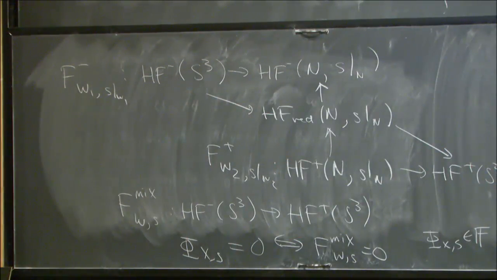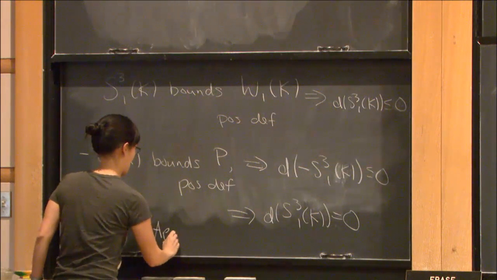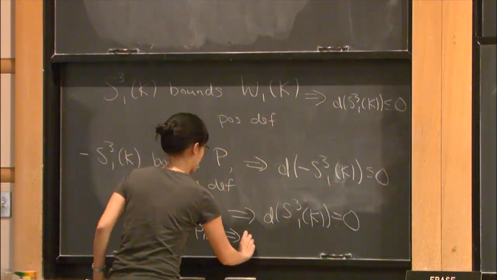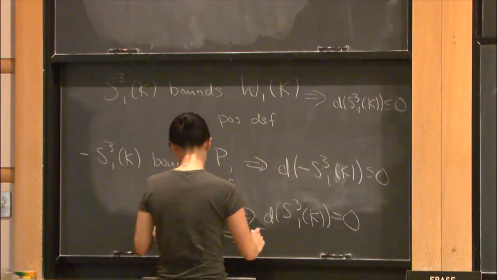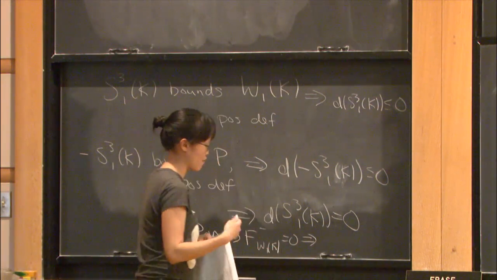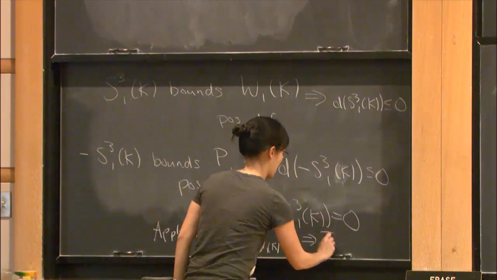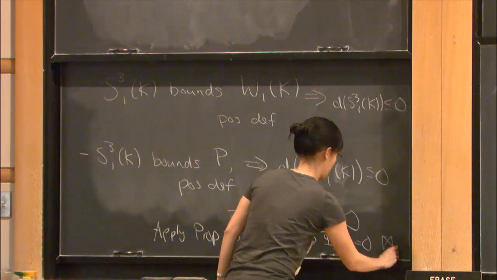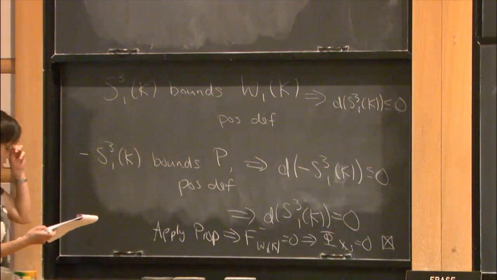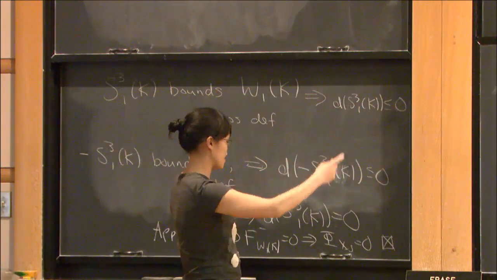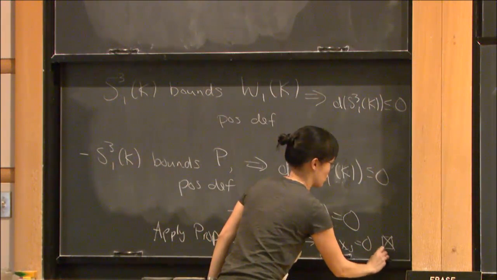So that basically does it. The proposition was for all spin C structures, so this is for all spin C structures.